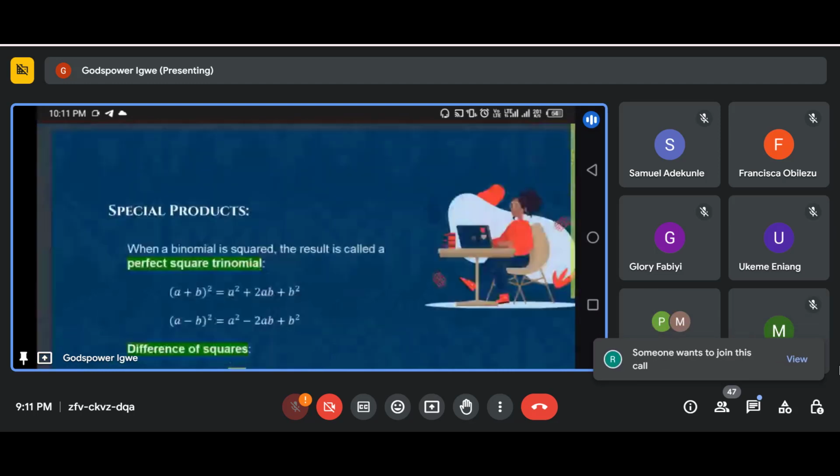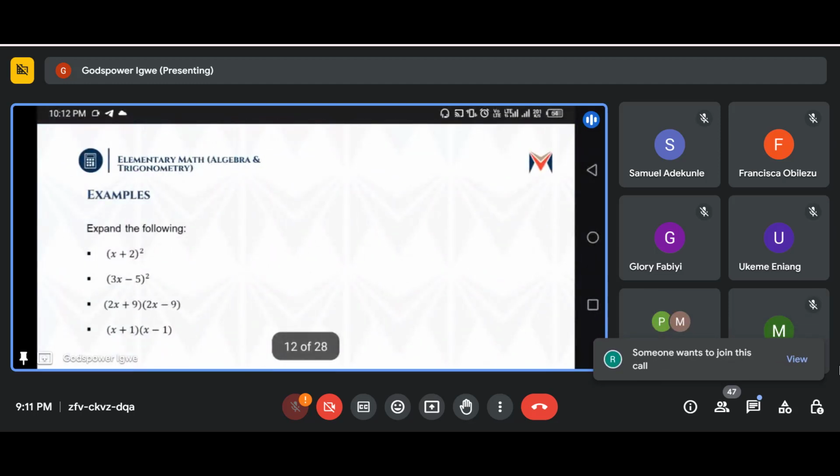So you can see the answer yourself, even without writing too much, that (x plus 2) squared is going to give us x squared plus 2x plus 2x, that's 4x, x squared plus 4x. Then the other one is going to be plus 4. So that would be the answer.